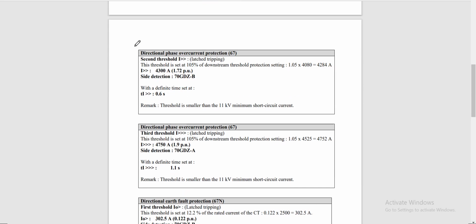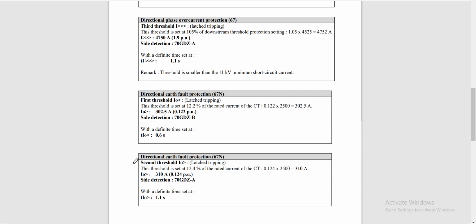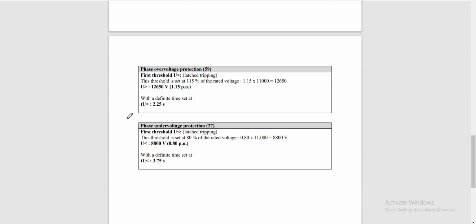Our second threshold will be captured by the directional phase overcurrent protection, or ANSI 67, and the same also for our third threshold. Our second threshold pickup time is 0.6 second. Our third threshold pickup time is 1.1 second. Our earth fault protection is also directional. We have a first threshold and two thresholds here, and for the voltage protection we have over voltage and under voltage.